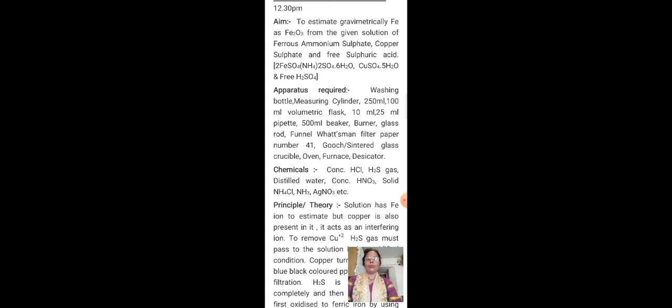Then a funnel, Whatman filter paper number 41, or a gooch or sintered glass crucible. But for this purpose today we are using Whatman filter paper number 1. Gooch and sintered crucible we are not using for this practical.